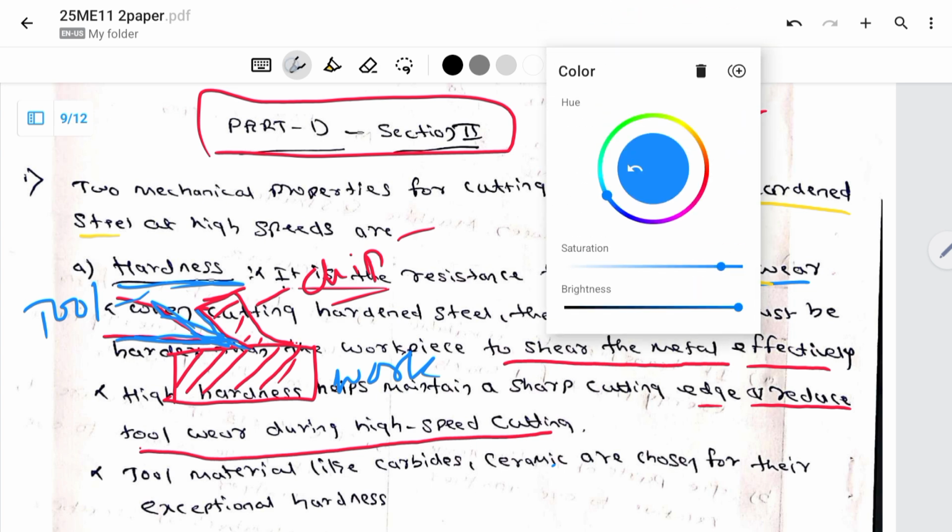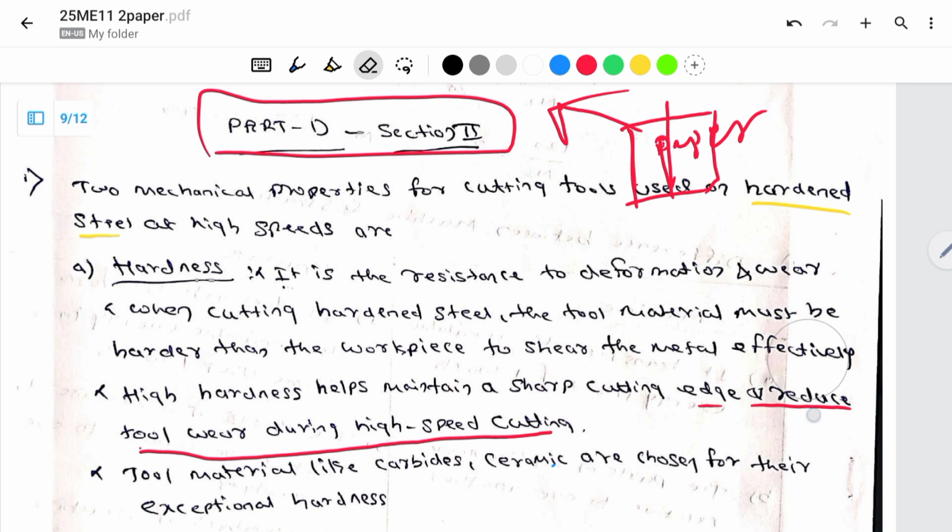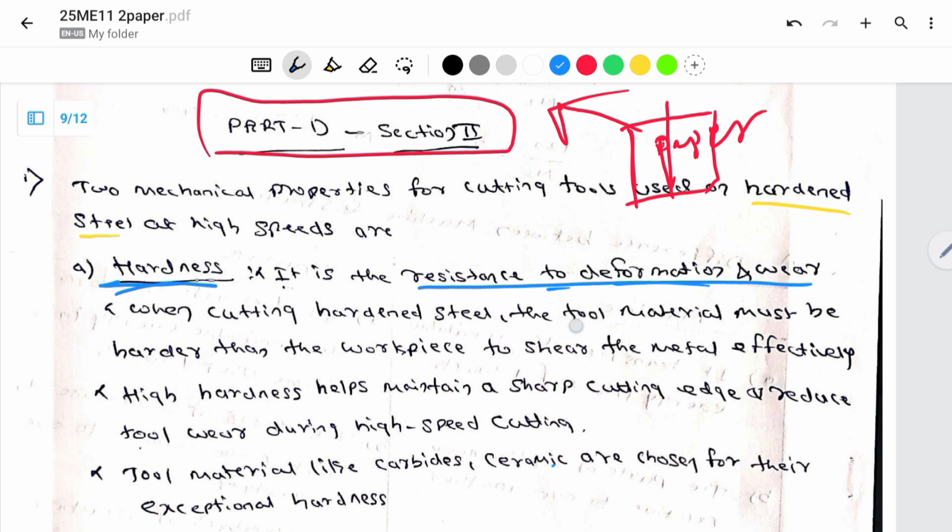So in order to maintain the sharpness, hardness is one of the important points. It is the resistance to deformation, and when cutting hardened steel, the tool material must be harder than the workpiece so that it shears the metal effectively.